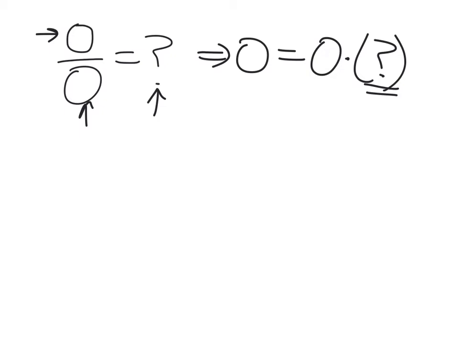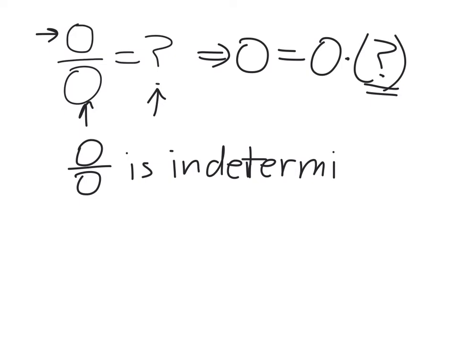So theoretically, we can't just say anything divided by 0 is undefined. We have a special term for this one. 0 divided by 0 is what we call indeterminate.